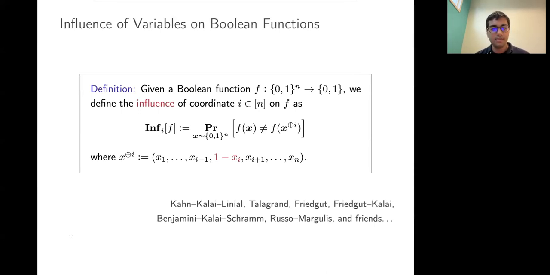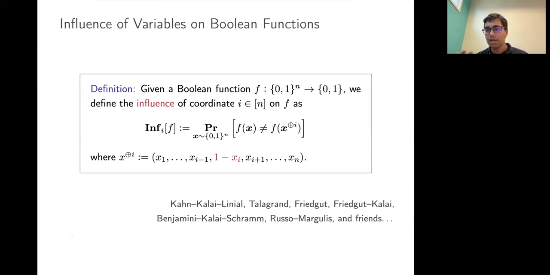And the influence of a coordinate informally just captures how much the function depends on that coordinate. In other words, it's the probability that when you draw a point uniformly at random from the Boolean hypercube, the value of the function at that point differs from the value of the function at the point obtained by flipping the ith bit. This is the influence of the ith coordinate on the function f.